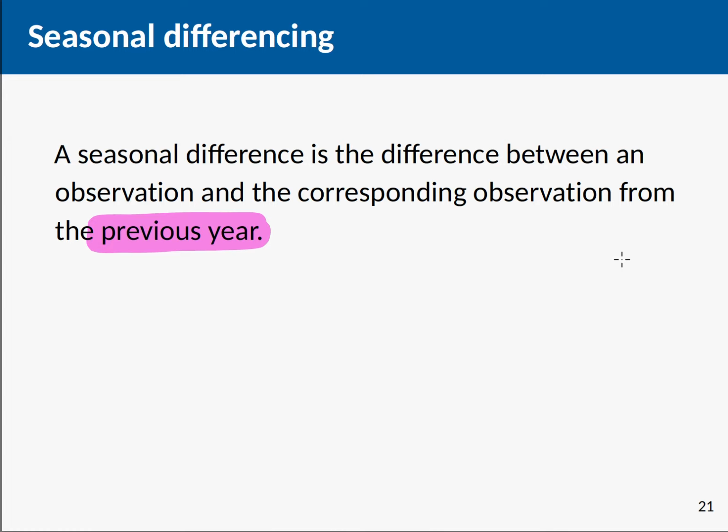If you were looking at a seasonal difference for monthly data, for example, then the value would be January of 2020 minus January of 2019, and February of 2020 minus the value at February of 2019. So you would have these values that correspond to the same seasonal period from the previous year.